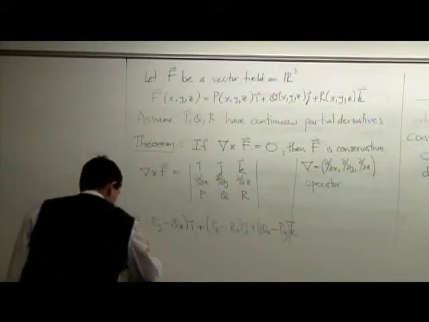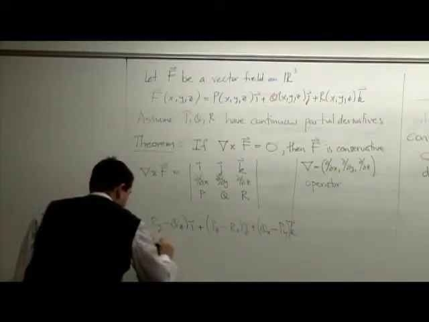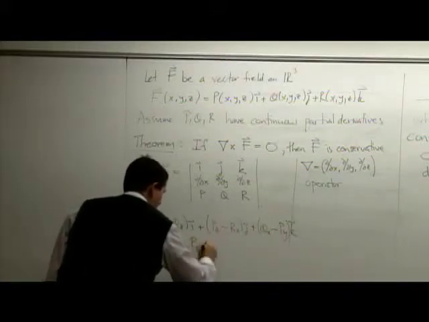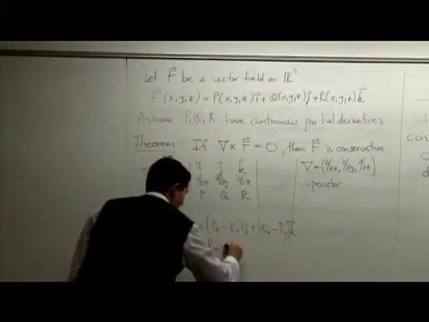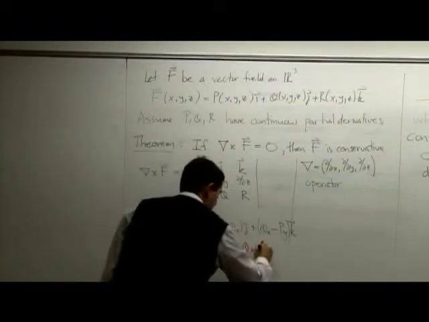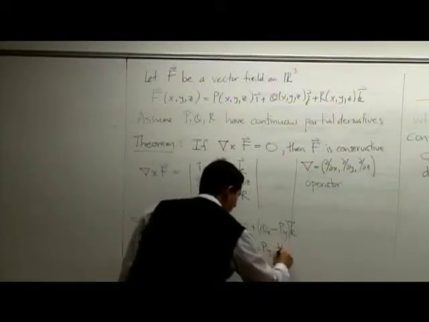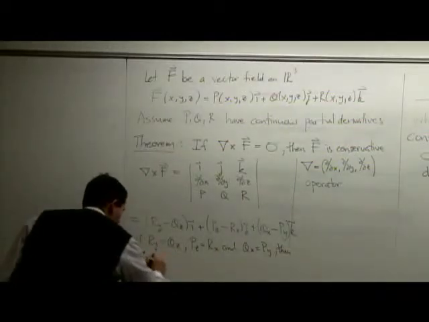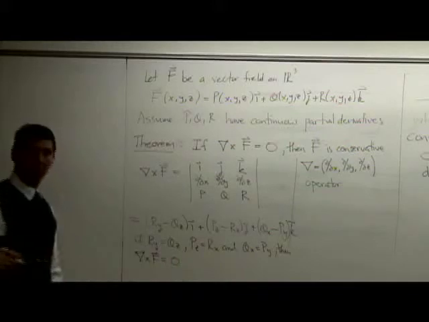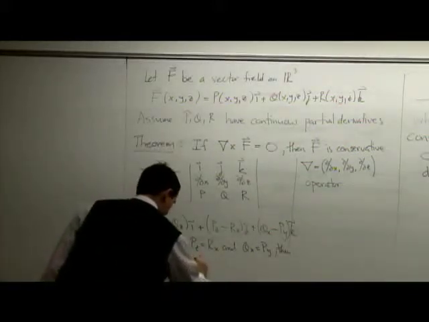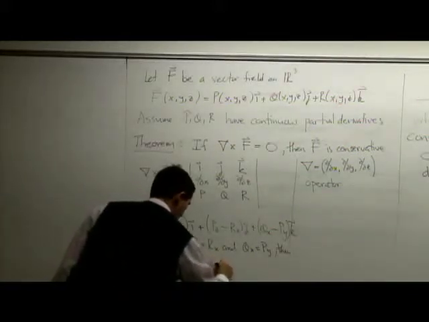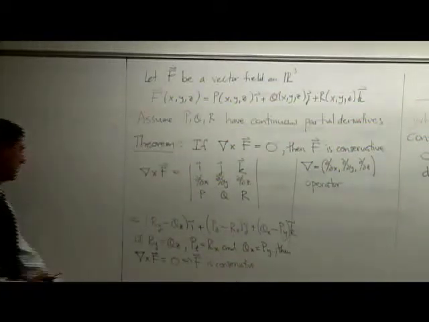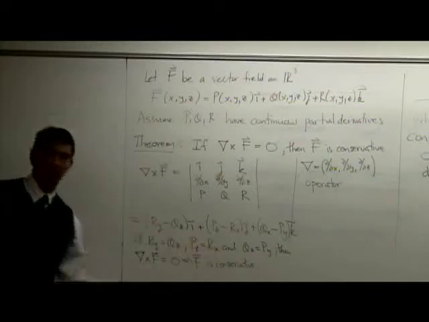So if Ry equals Qz, Pz equals Rx, and Qx equals Py, then that cross product is 0 and F is conservative. So you can just check these 3 conditions.